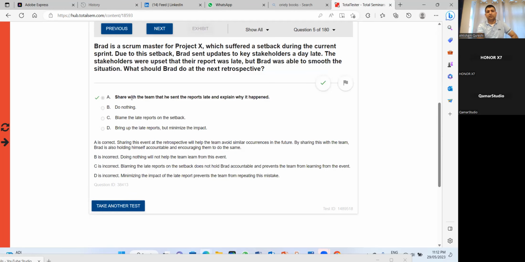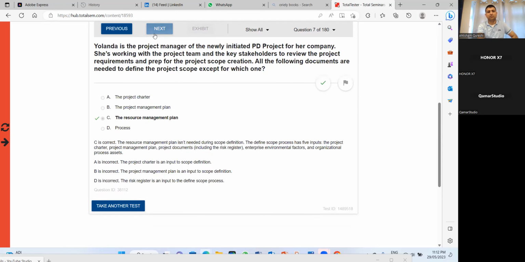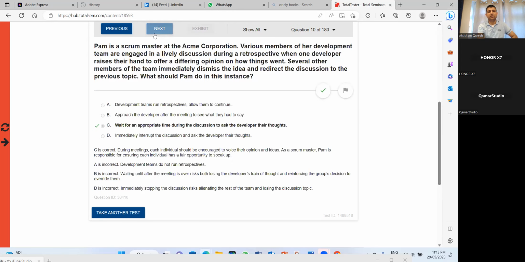This is correct as well. Share with the team that he sent the report late and explain why. Okay. Why it happened? Team leader can more easily micromanage. This is not one of the benefits of the tool. Resource management plan. Look, resource management is not related. Stakeholder ownership improves stakeholder satisfaction. Scope. Dynamic chart, decision tree. Wait for appropriate time during the discussion to ask the developer.